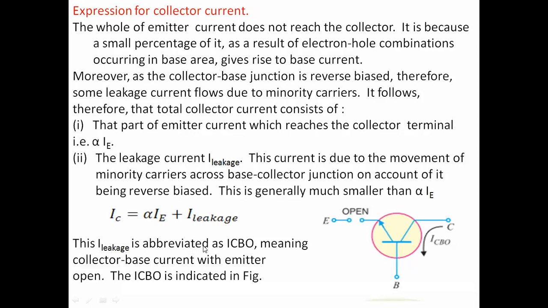This leakage current is abbreviated as ICBO, meaning collector to base current when the emitter is open. The O means open, with the other terminal, the emitter, open.